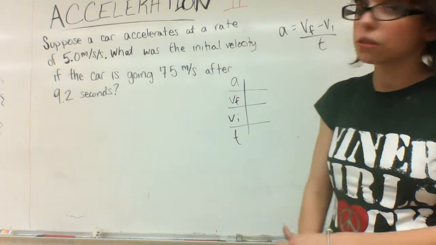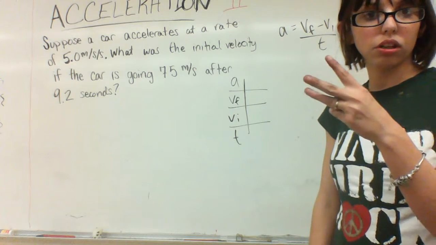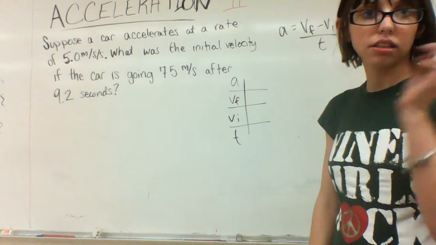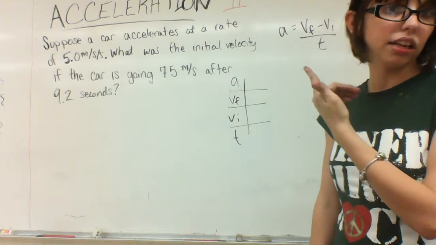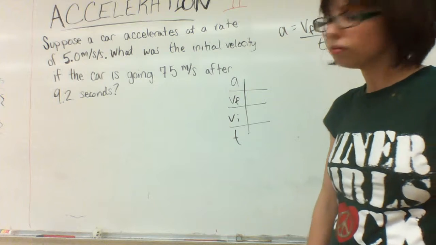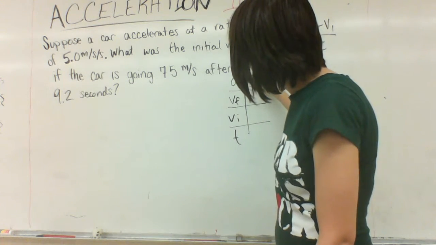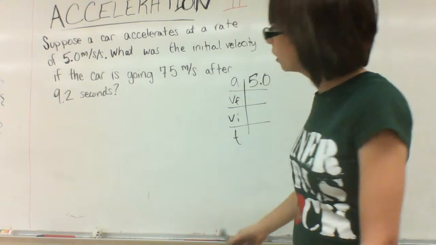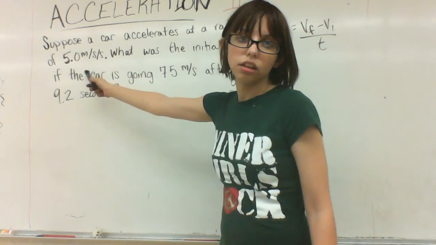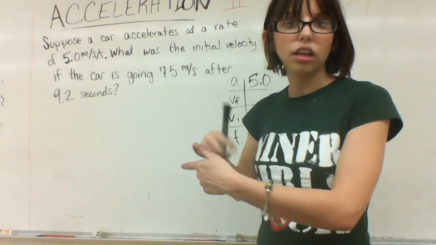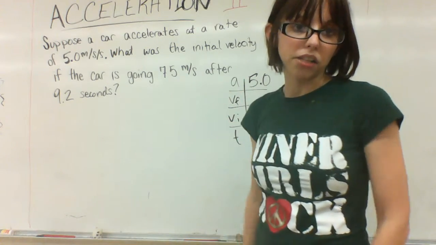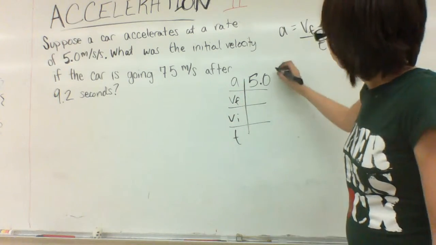So meters per second per second, that's 3 units, which tips me off that that's my acceleration. And just a quick reminder, what this unit is saying is that every second this thing is traveling, it gets 5 meters a second faster. That's all that means. So now we put that there.